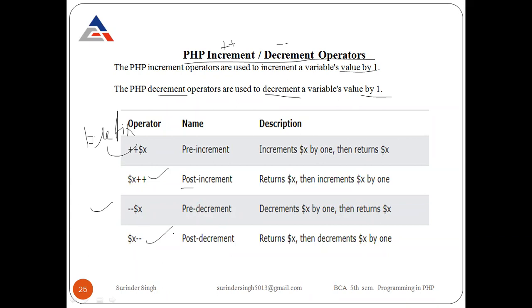As you see, pre means first, or we can say pre means before, and post means after. In pre-increment, the operator comes before the operand, and in pre-increment or decrement, first we perform the increment or decrement.